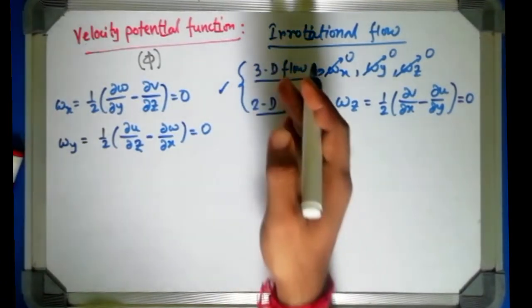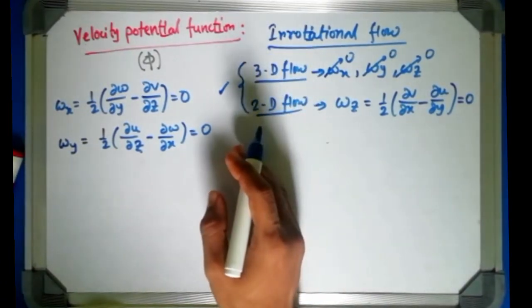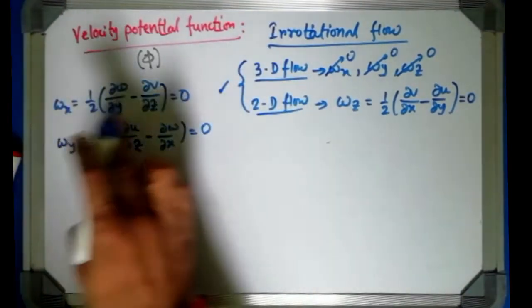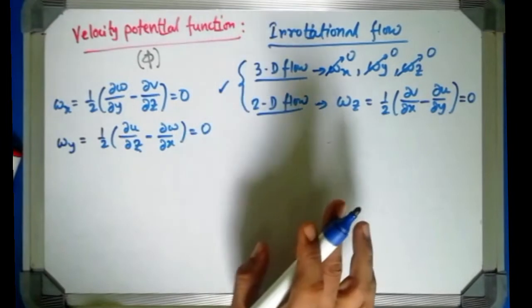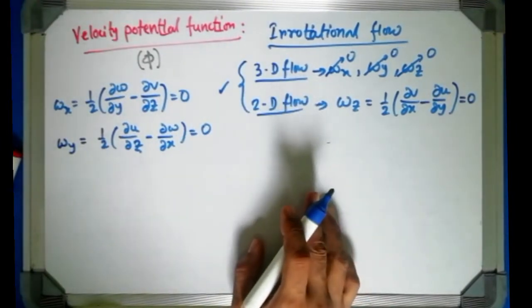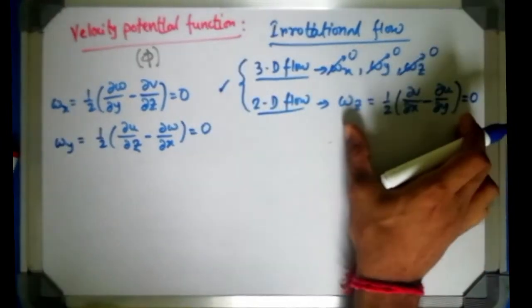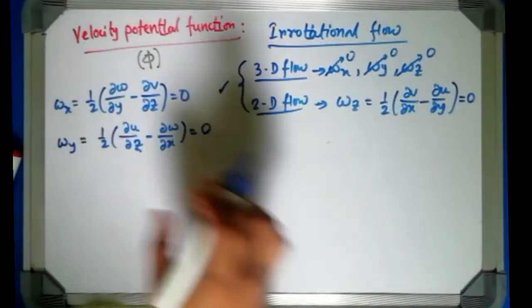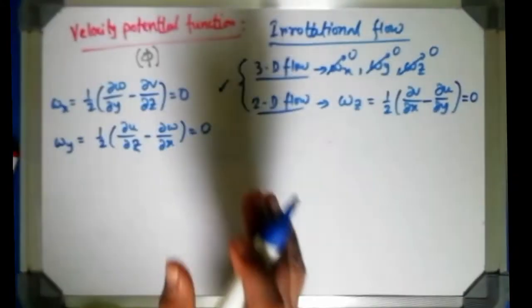So it can be 2D as well as 3D flow. If the flow is irrotational, then all these rotational components will be equal to 0. If we consider 2D flow, only this component will be there. If we consider 3D flow, all three components will be there, but their values will be 0.